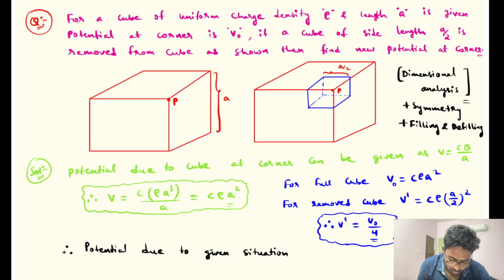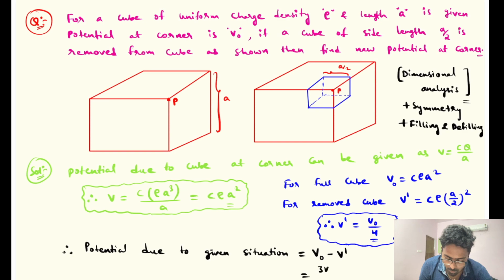So the potential due to the given situation equals V naught, which is due to the full figure, minus V dash. Because of the full figure I know it is V naught, and because of the removed part I got V naught by 4. So V naught minus V dash is nothing but V naught by 4.